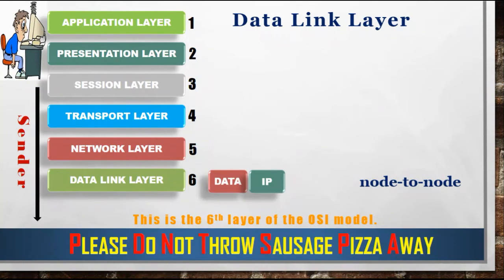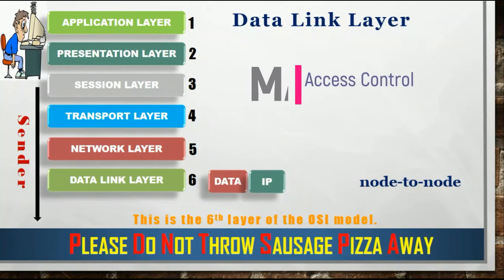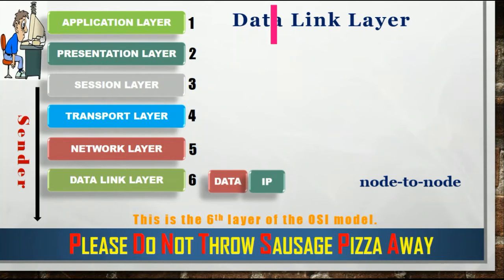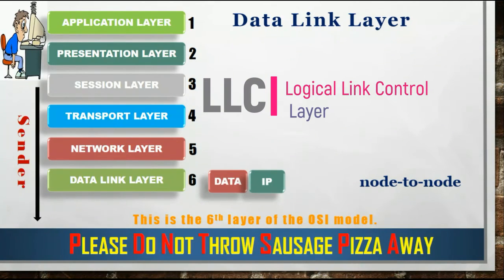It also defines the protocol to establish and terminate a connection between two physically connected devices, and the protocol for flow control between them. This layer has two sublayers, that is media access control or MAC and logical link control or LLC.